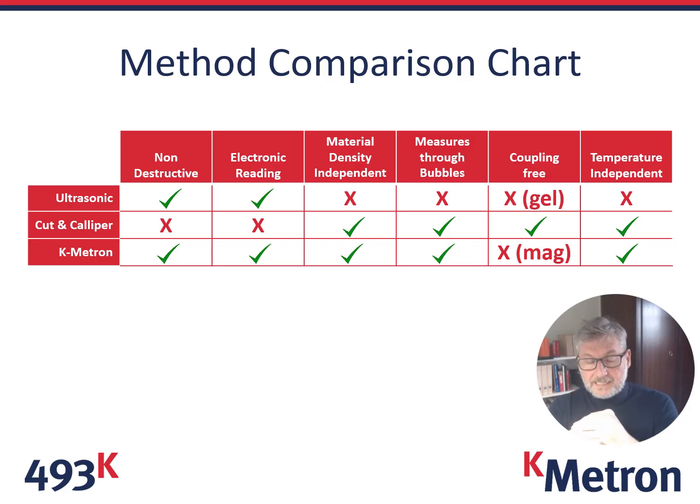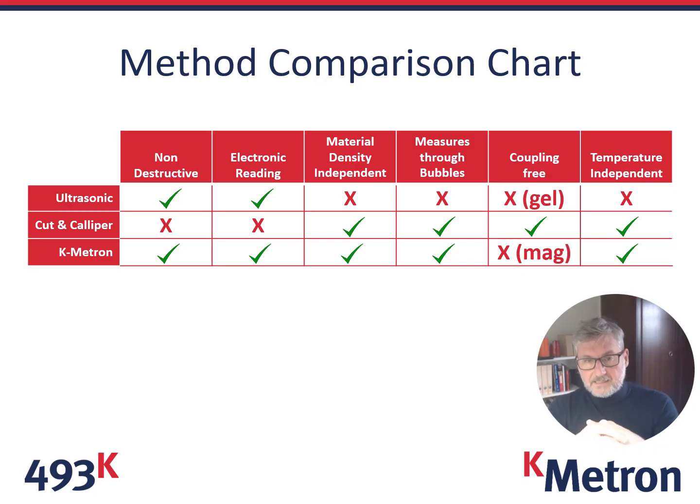Depending on the make and model of the ultrasonic unit, it may return a 0 value or it may return a null value. Obviously, cutting and caliper measuring has no effect with bubbles, and the induction method, as with K-Metron, doesn't care what is in between the sensor and the inside surface, unless, of course, it's ferrous.